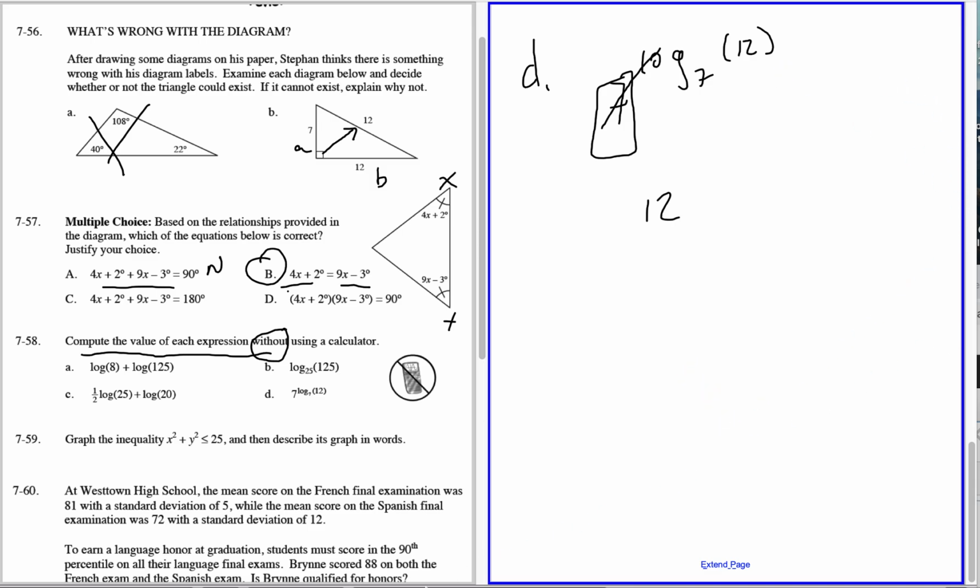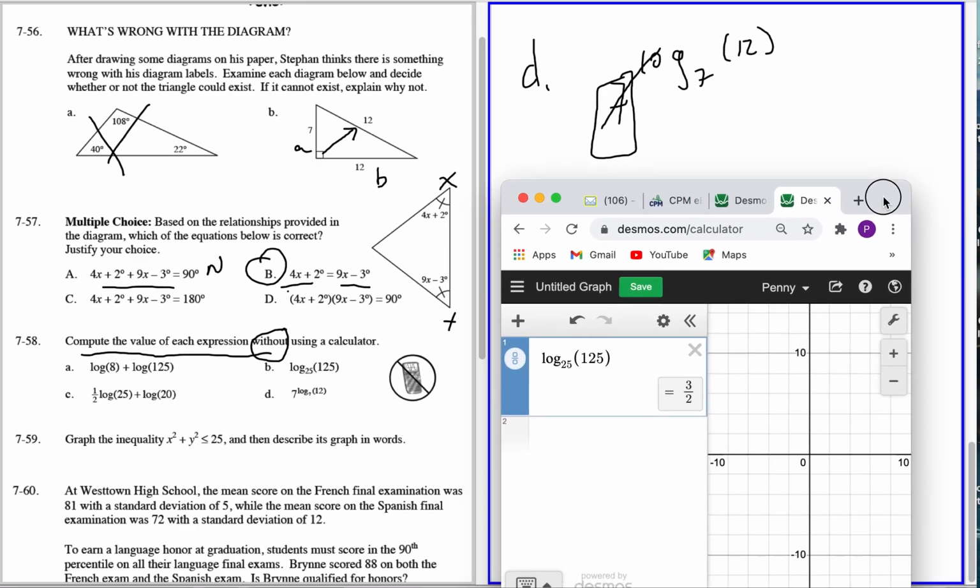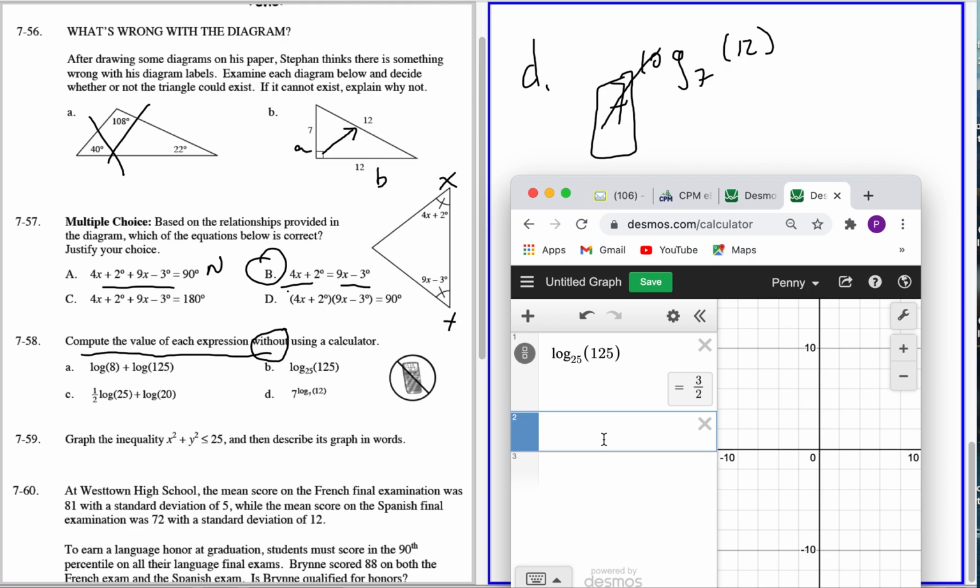I'm just going to show you guys how to type that in. These are one of those weird ones, 7 to the log base 7 of 12. Okay, we can also do that the other way around.